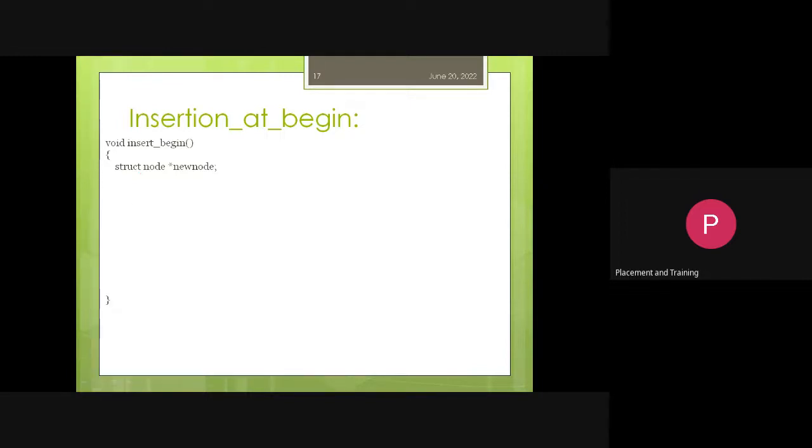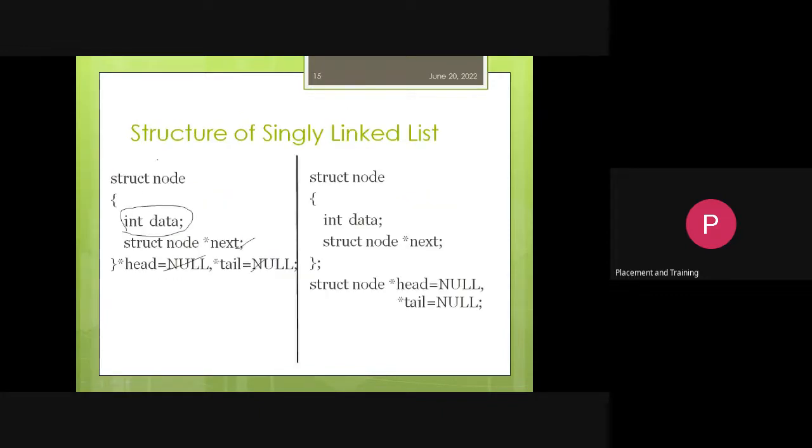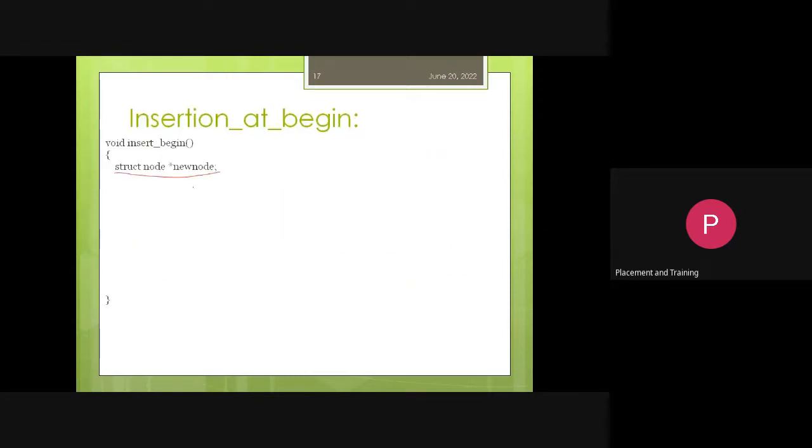For creating a node, I'm having an object declared first, which means this particular new node is a pointer which belongs to the structure node. This is the node which we have declared here. With this struct node, we are creating an object to access the values present in that particular structure.